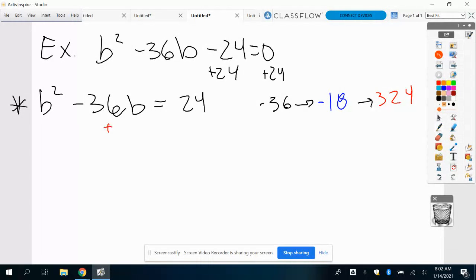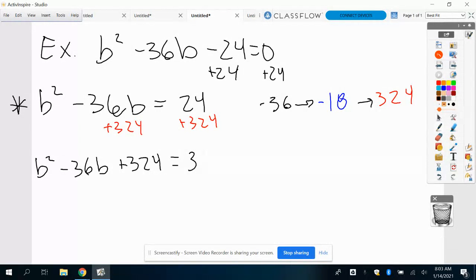Then we add the 324 to both sides of your equation. So what we end up with is b squared minus 36b plus 324 equals 348.